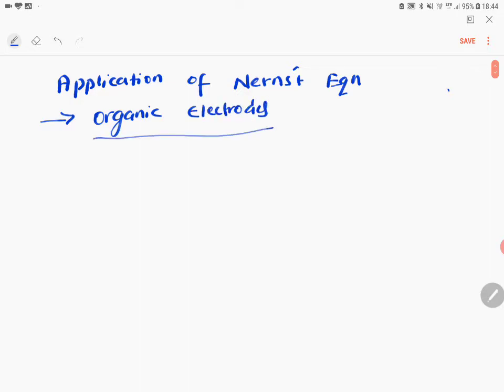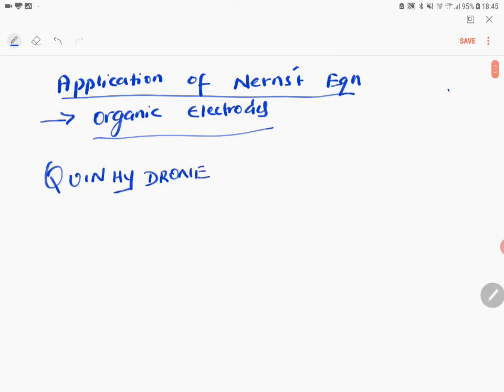So this is the beauty of organic chemistry, wherever it will come. This is quinhydrone. Quinhydrone electrode.